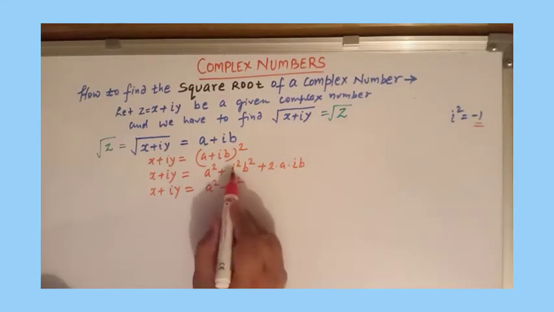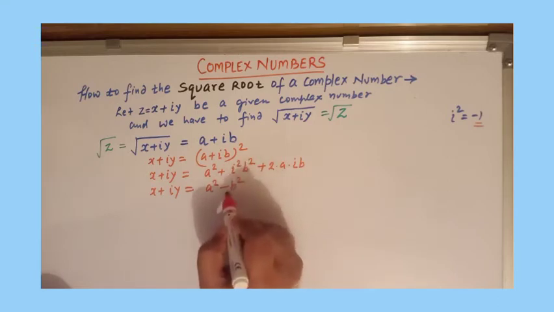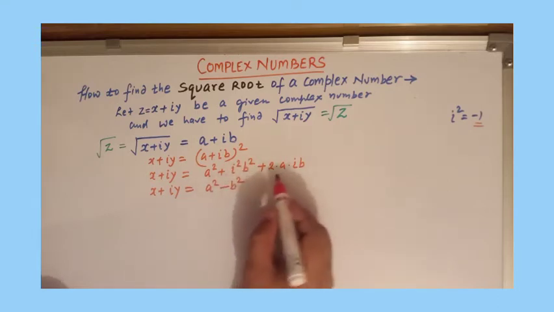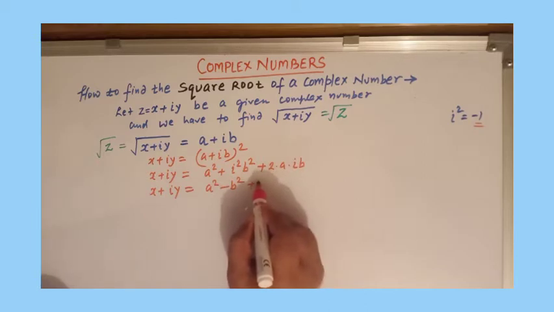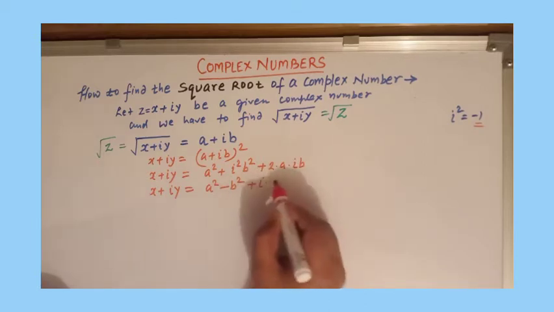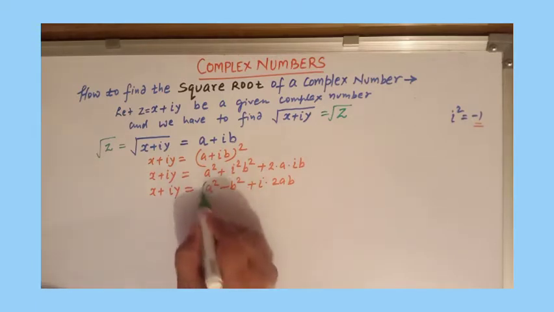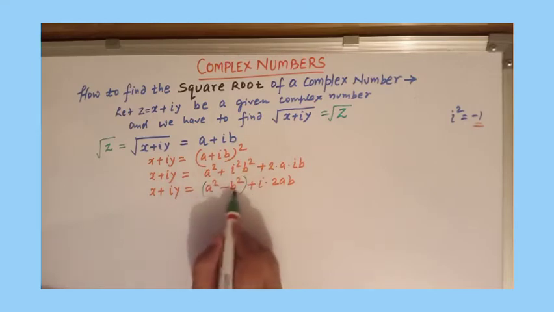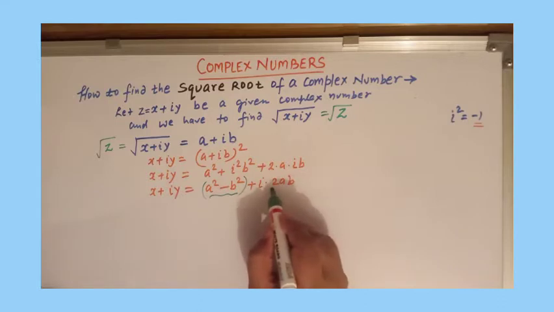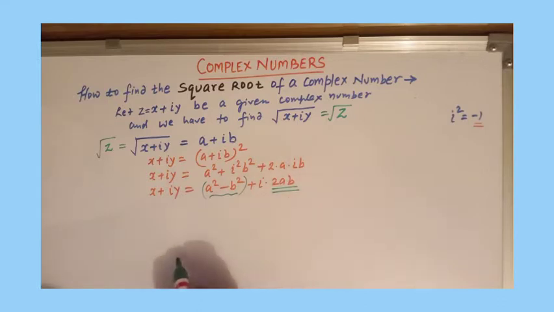So we have iota square times b square is equal to minus b square, and here we have iota times 2ab. Clear? Now here we see that a square minus b square is the real part and 2ab is the imaginary part.